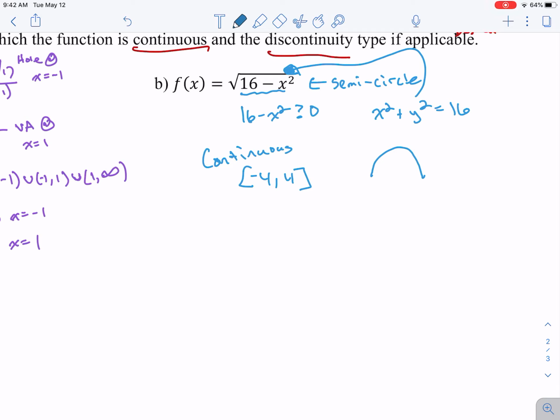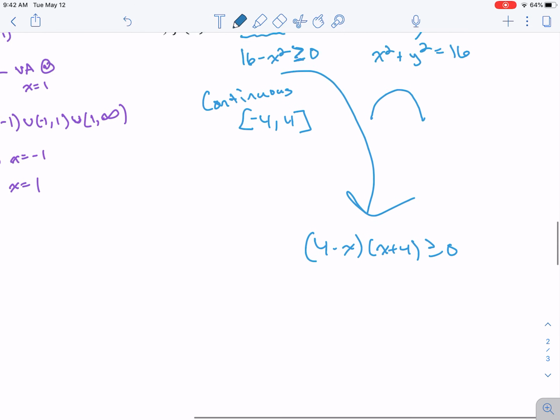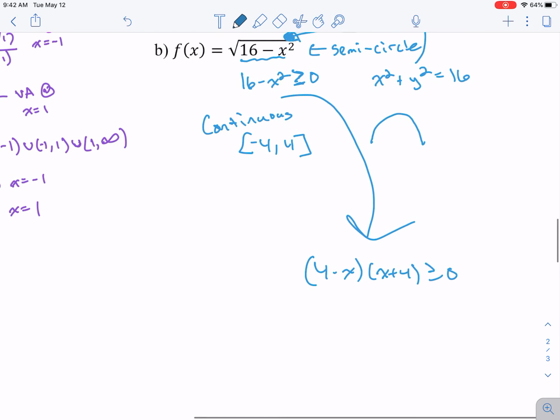Because when I do the work over here, I'm going to get 4 minus x times x plus 4. When is that bigger than 0? That's when we make our little sign chart, if you remember that from earlier in the year. So we have a critical value at 4 and a critical value at negative 4, and we can make our sign chart here.